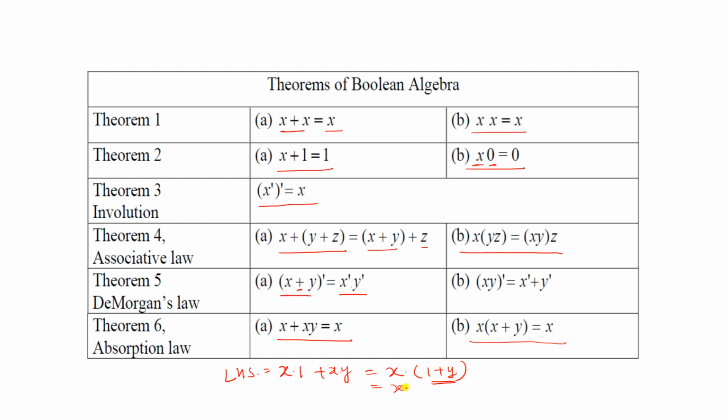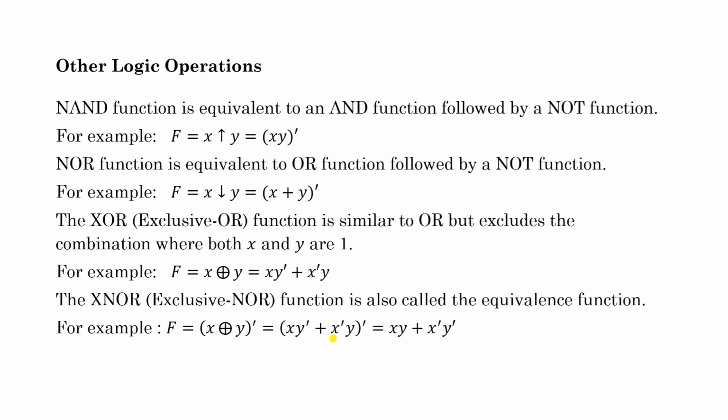So this equal to x into 1, and x into 1 will again depend on x, so this equals x. In this way you can prove it without making a truth table. Otherwise, you have the option of making a truth table. Make a truth table and write all the combinations of truth values of the variables on the left hand side as well as the right hand side, and prove that all the truth values of the left hand side are the same as the right hand side. In this way you can prove all these theorems.